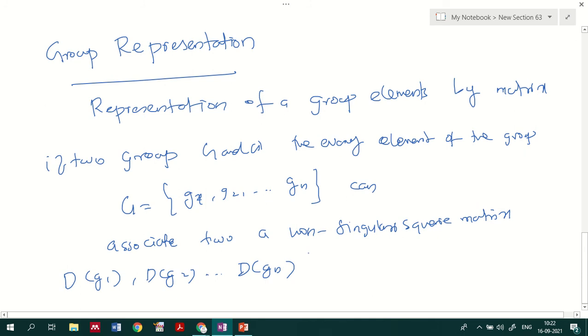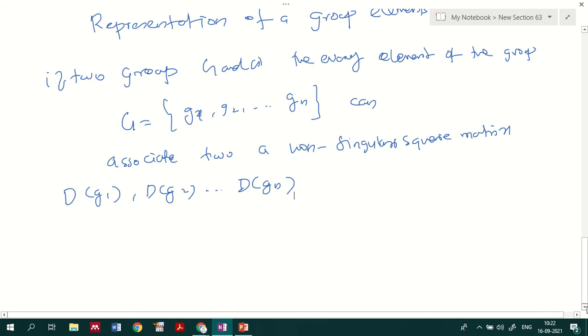Okay, and in this case you can see that the representation of group can be represented in terms of G dash. So that is a function of d of g1, d of g2, up to d of gn, and this we call the representation of a group.